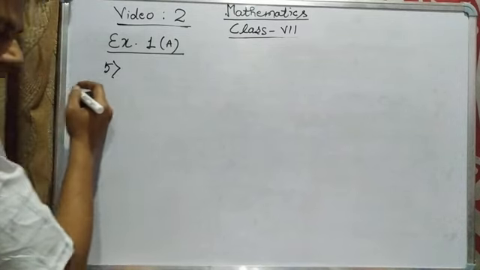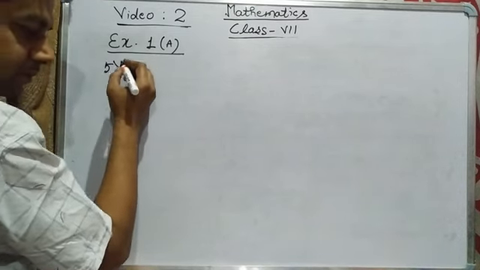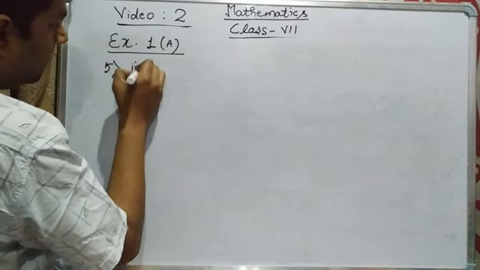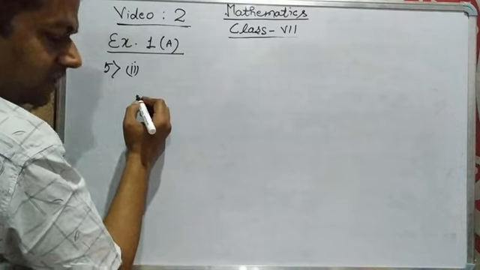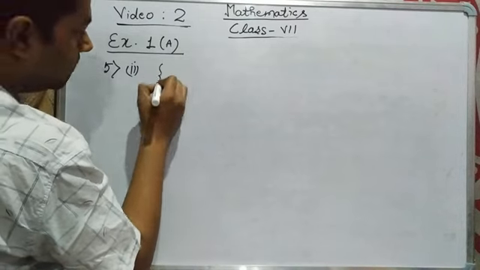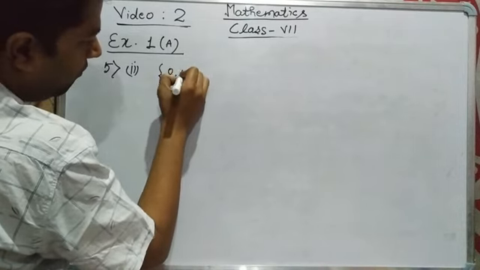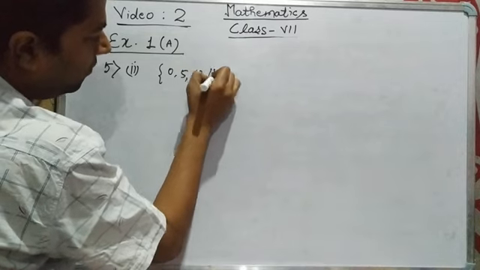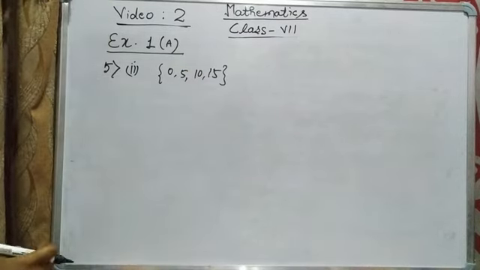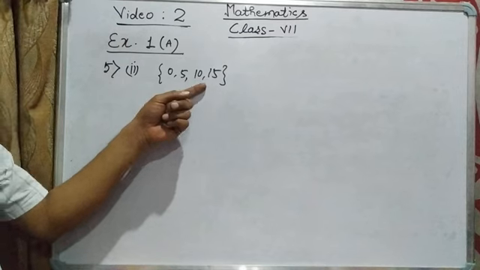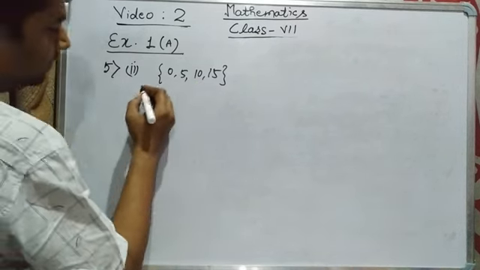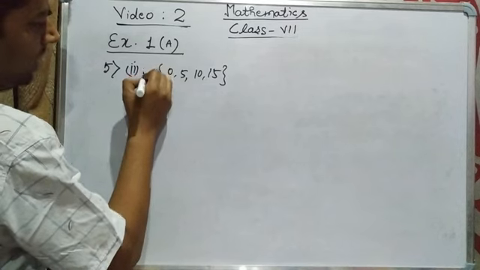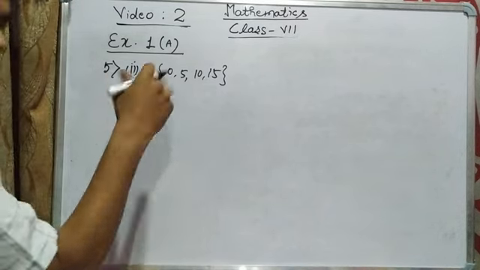Let us take any one question. In the second part it is given: write the following sets in the set builder form: {0, 5, 10, 15}. This is the roster form, and we are to convert it into the set builder form.